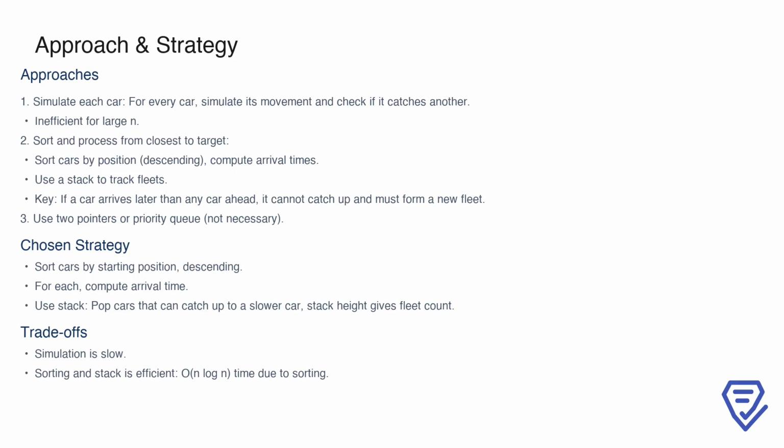By calculating their arrival times and using a stack, we can efficiently track which cars will merge into fleets. This sorting and stack-based approach is not only faster but also conceptually intuitive, as it lets us process cars in order and decide fleet formation based on their arrival times. Other ideas like using two pointers or a priority queue exist, but the sorted stack route is the most direct and efficient, making it ideal for this problem.